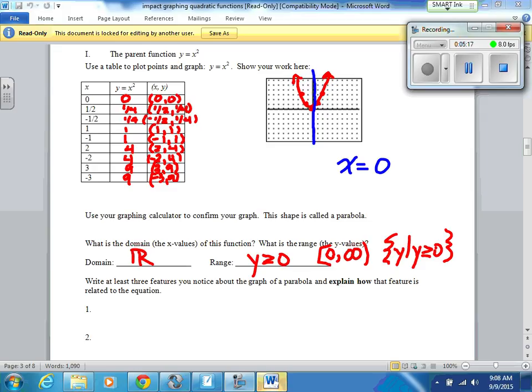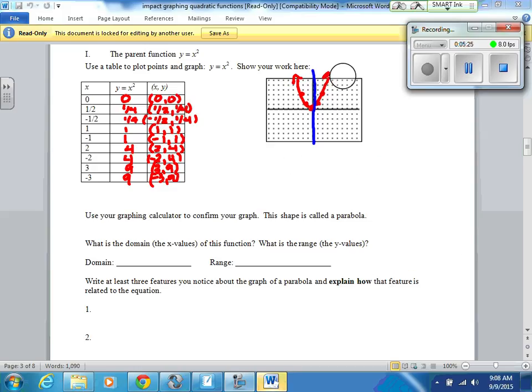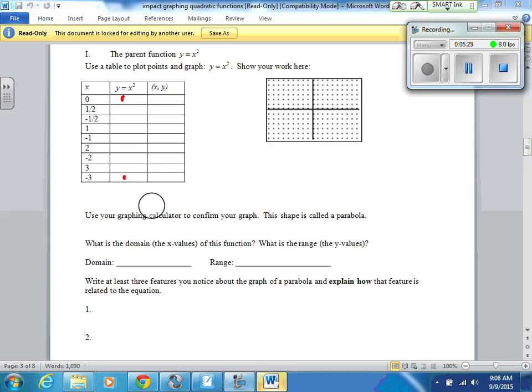Alright, now, second page talks about some transformations. We haven't done this year, but it's done in the past. We've done some of them this year. We're going to talk about vertical shifts.